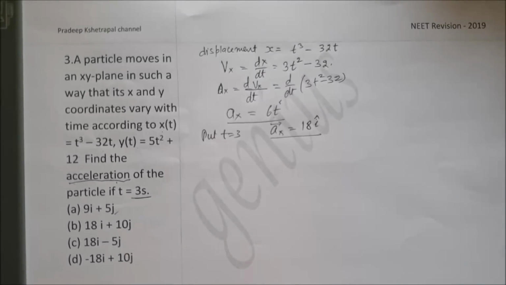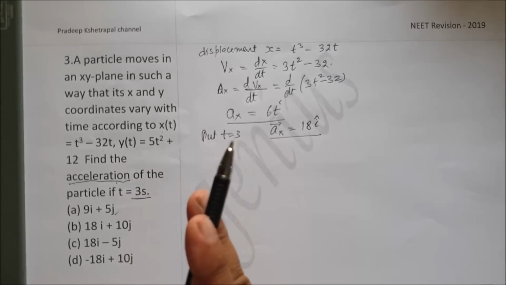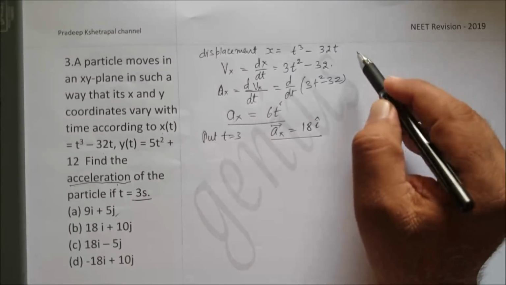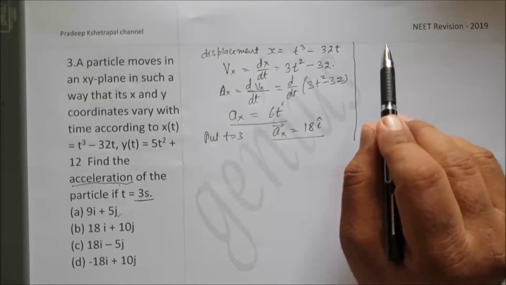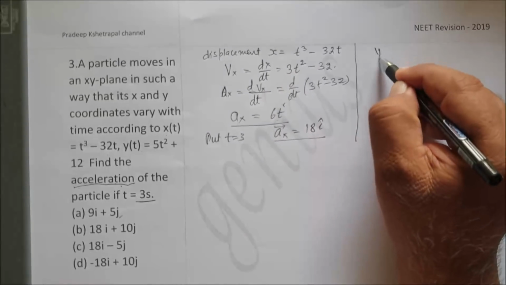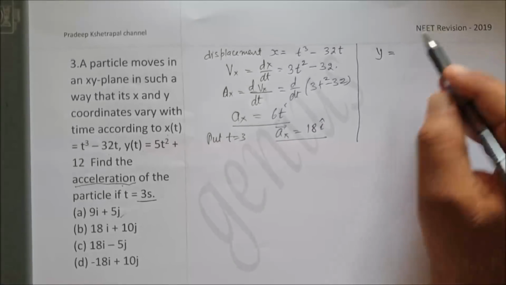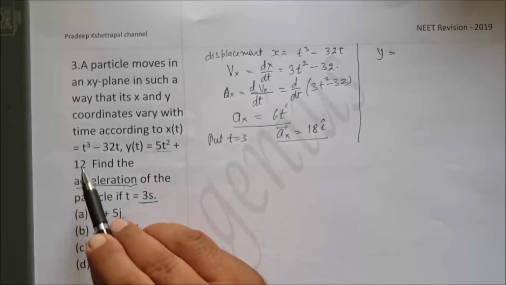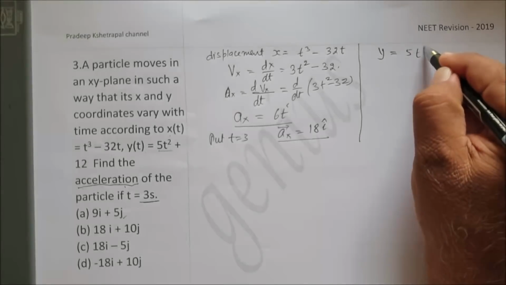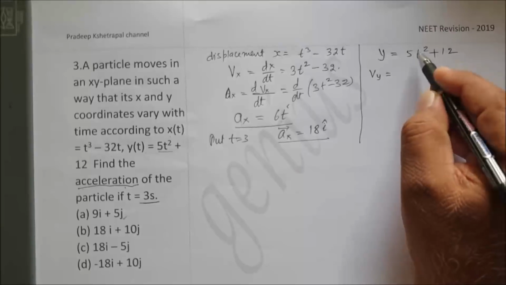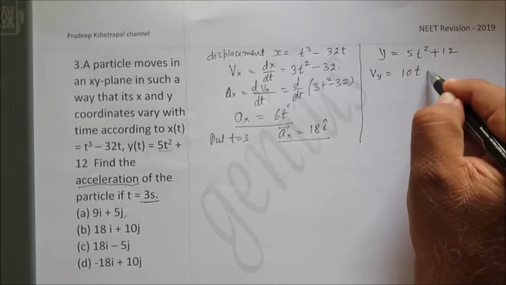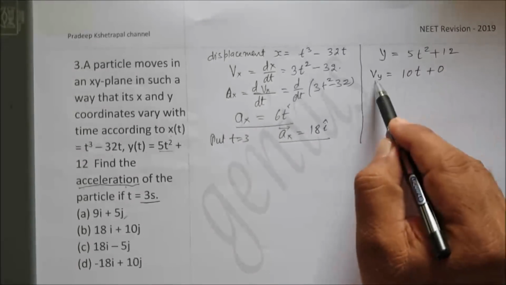Now the particle is moving in both the direction x as well as y. So we must find acceleration in y direction also. What that should be? The displacement in y direction is given to here 5t square plus 12. 5t square plus 12. So velocity in y direction is equal to 10t plus 0. This is velocity.